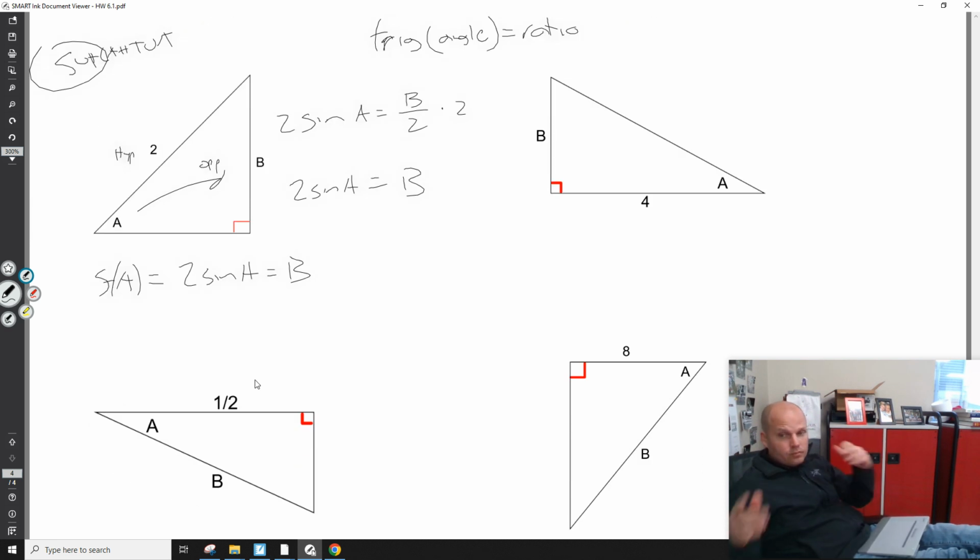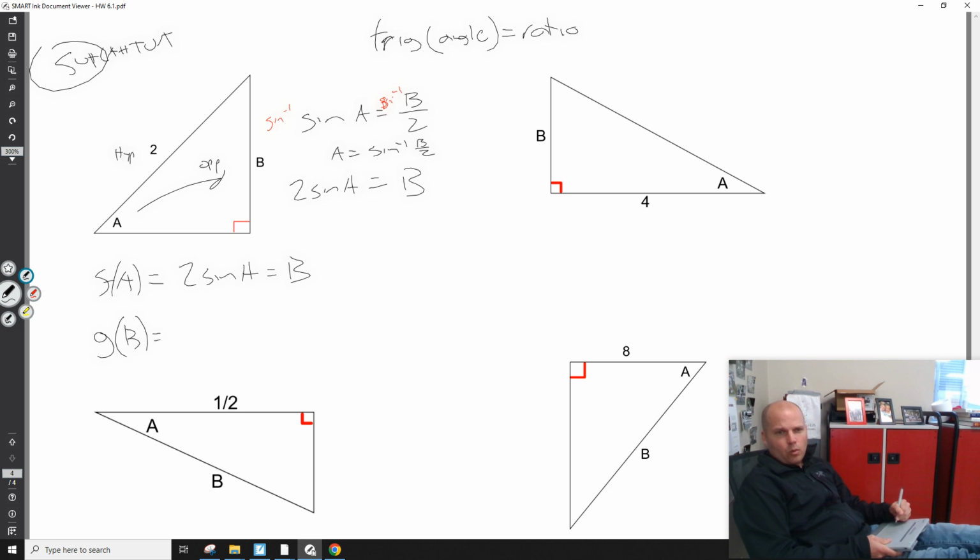Now, flipping things around, if we have an idea where I want to take B, do stuff to B to get A, this is where you would use the inverse sine of both sides to get that outputs of A will equal inverse sine of B over 2. This would be my formula for G of B, where your input values are B, and you're going to be mapping back to A's.